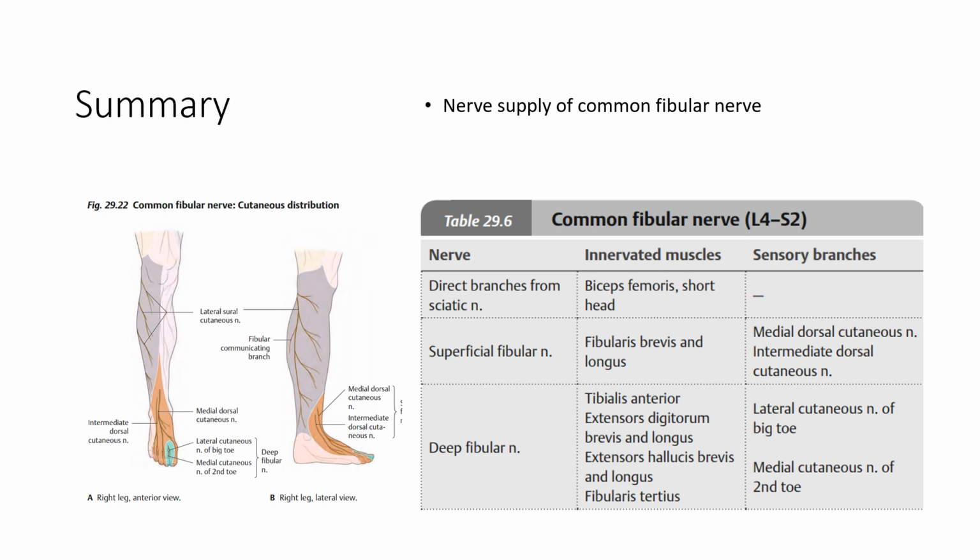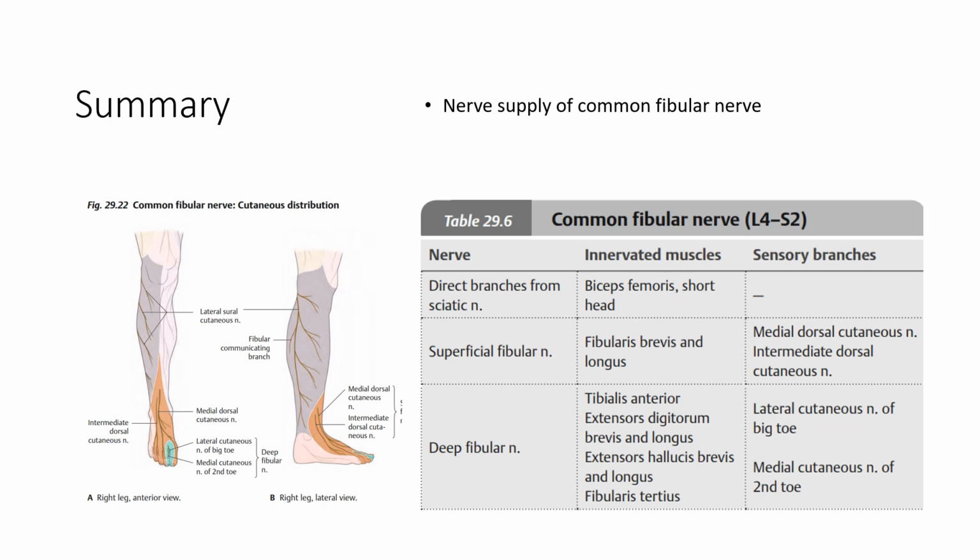So let us summarize what we have discussed. The common fibular nerve is a branch of the sciatic nerve. The nerve roots of the sciatic nerve are L4, L5, S1, S2, and S3. So the common fibular nerve also has the same nerve roots as it is a branch of the sciatic nerve. It has two branches, superficial and deep fibular nerve.